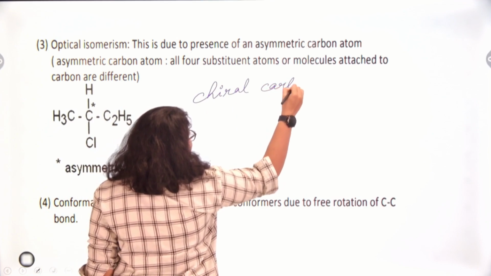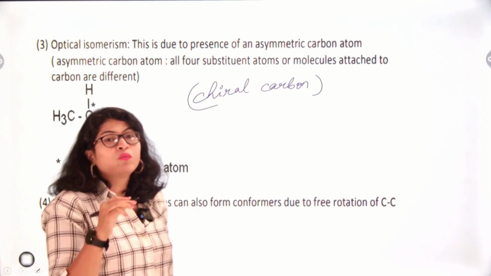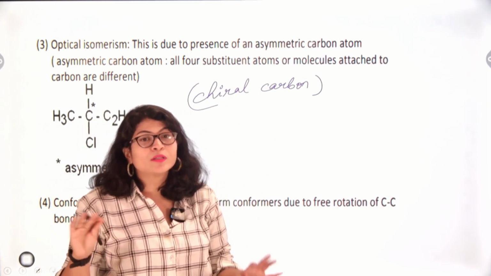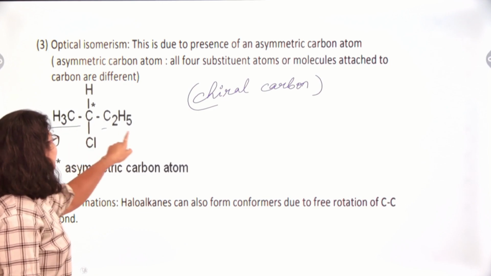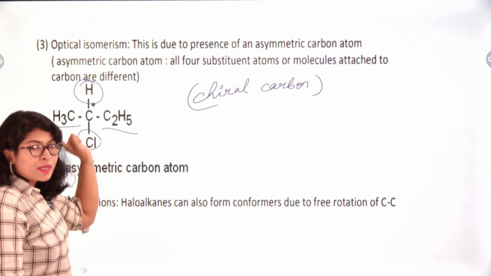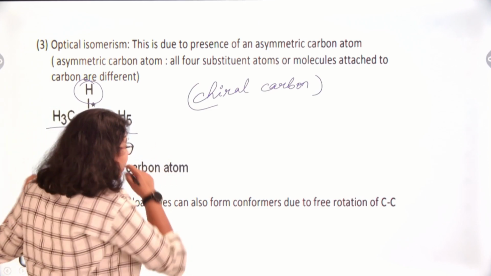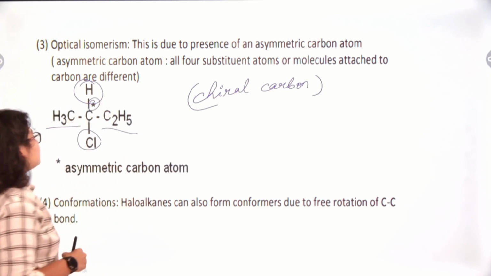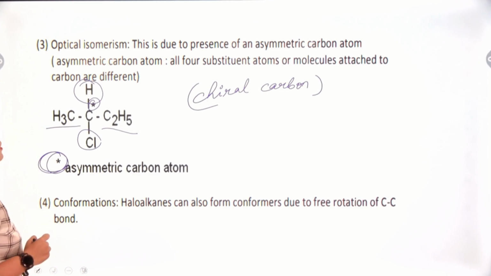If I see here, the carbon is attached to CH3, C2H5, hydrogen and chlorine. So all the 4 groups are different. That's why this is a chiral carbon, and a chiral carbon is represented by a carbon star. The star denotes the presence of an asymmetric carbon. So this falls under the category of optical isomerism.